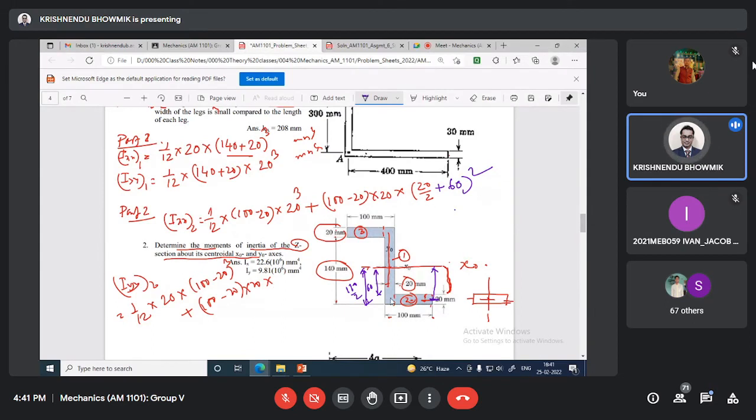For this case, the distance will be 20 by 2 plus, this was 80, 80 by 2 whole square. Let me check once again because I can make some mistake here. This is basically 70, yes, 70 square, and this is supposed to be 10, 50.